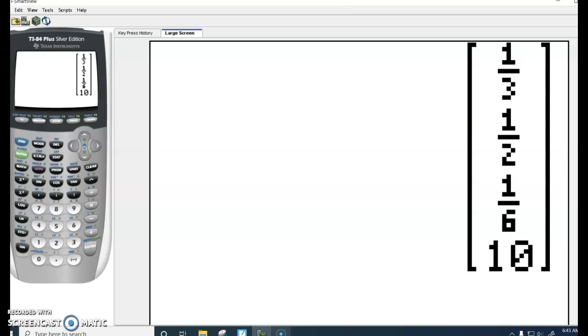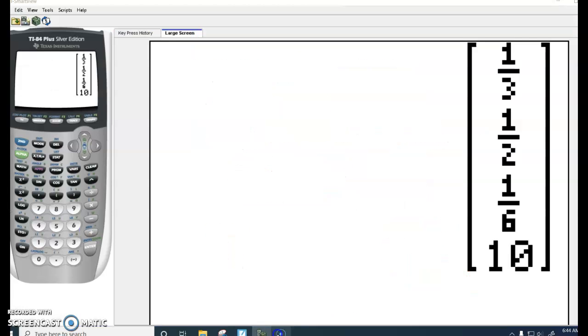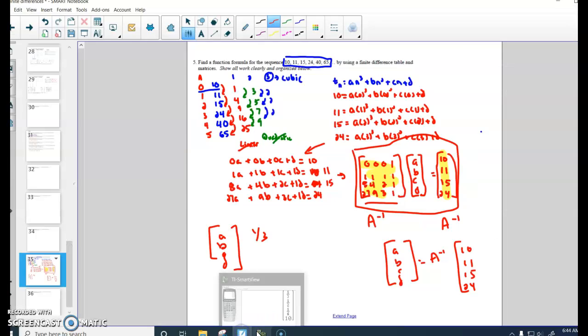So I am going to end up with A, B, C, D. I have 1/3, I have 1/2, 1/6, and 10. So that's going to create a final equation of t sub n.